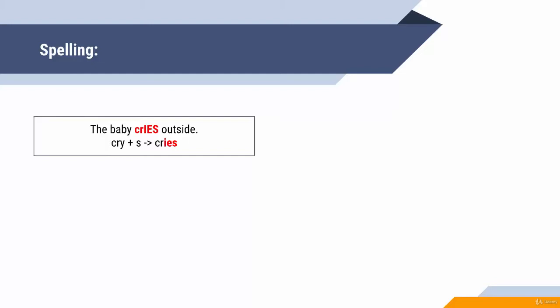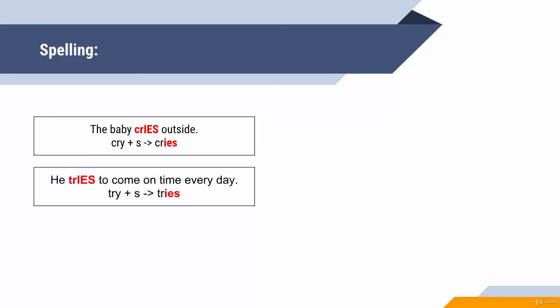Why? Because you will need the same rules with the verbs. Here you are. The baby cries outside. Cry plus s, the y is changed into IES.